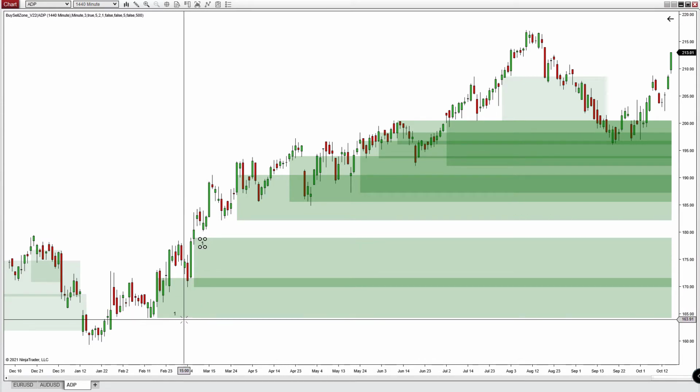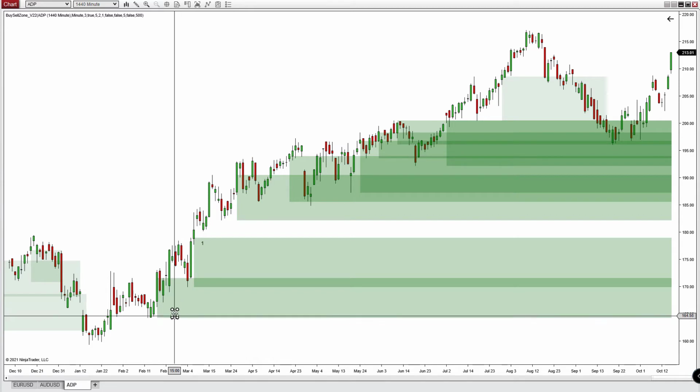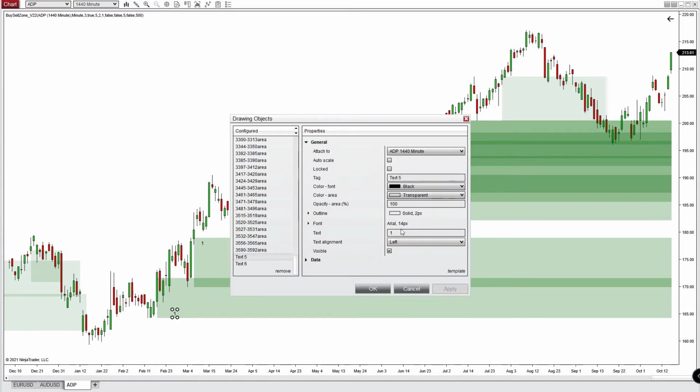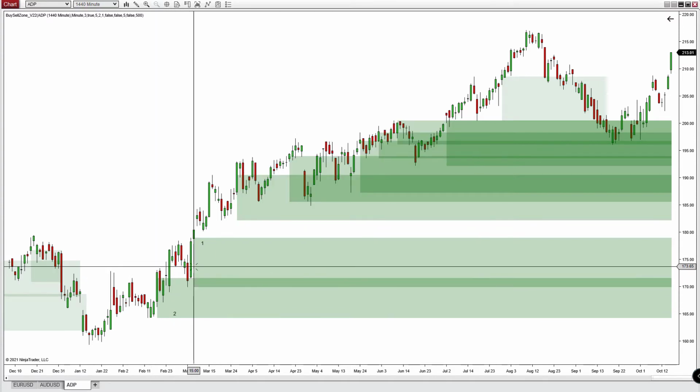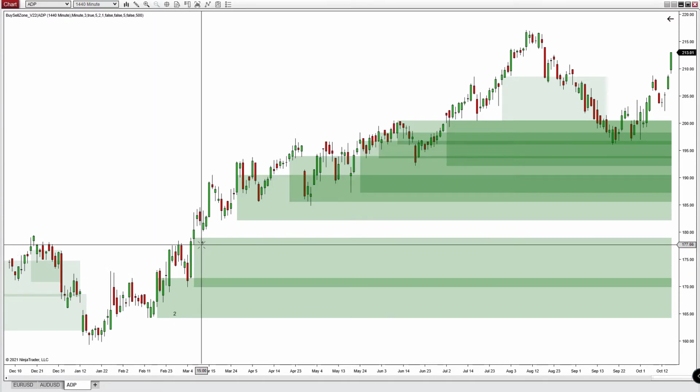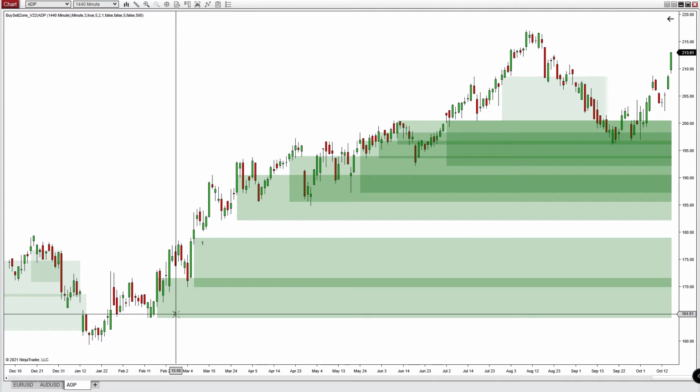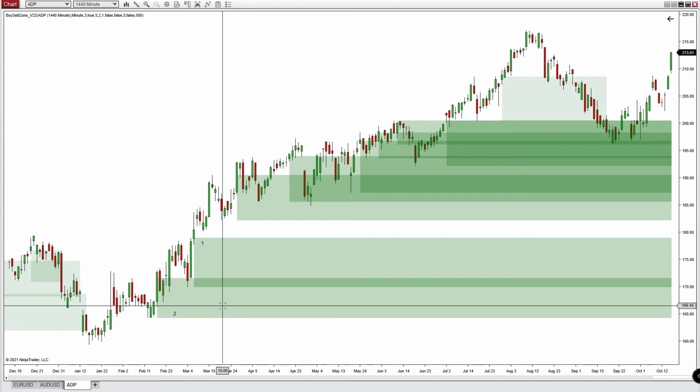And the prior zone then changes to a zone number 2. All right, so now after this zone here prints, I have a 1, now this is a 2. So if price were to come back into here, I know that I'm trading out of a zone 2.